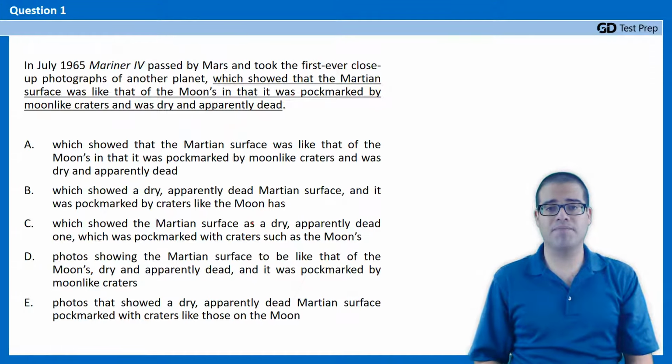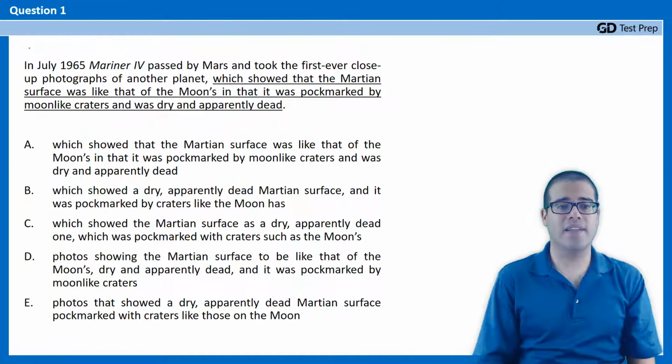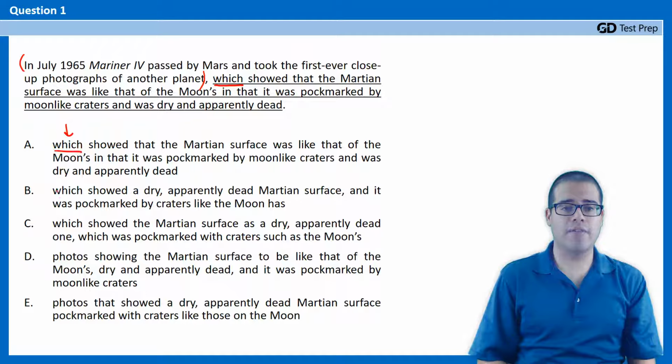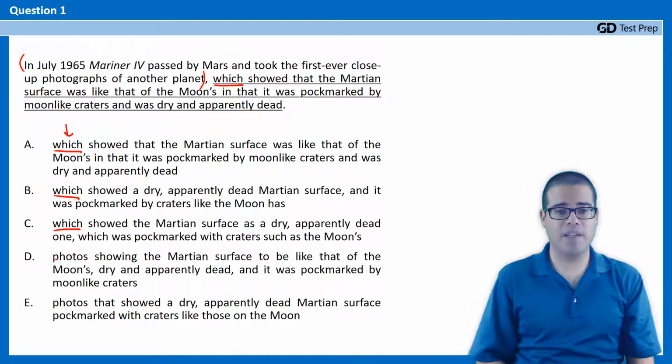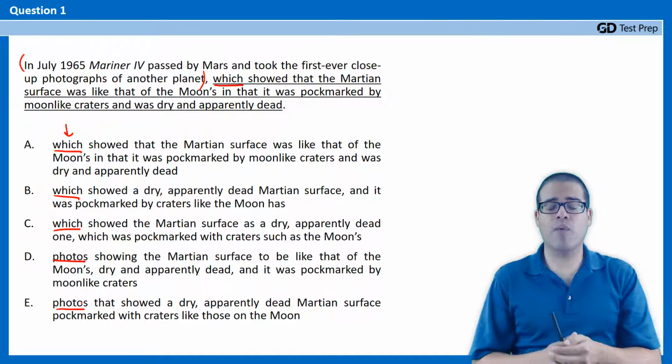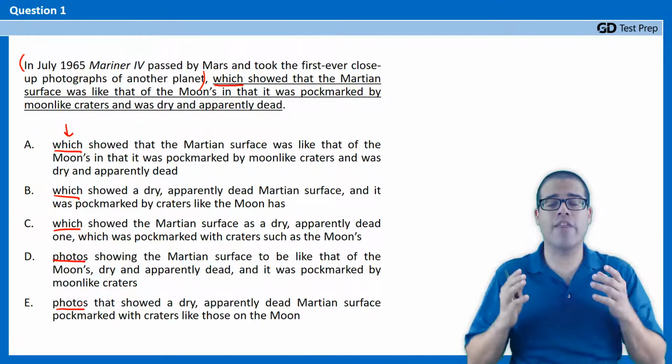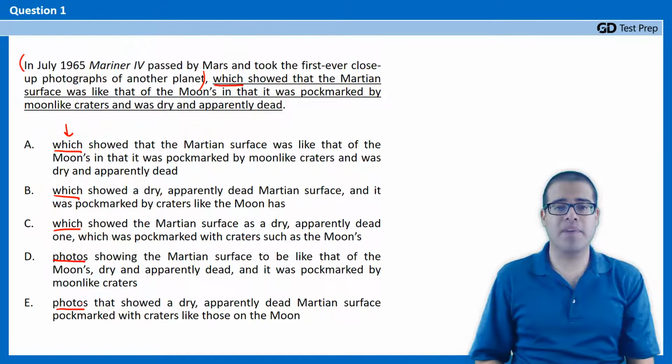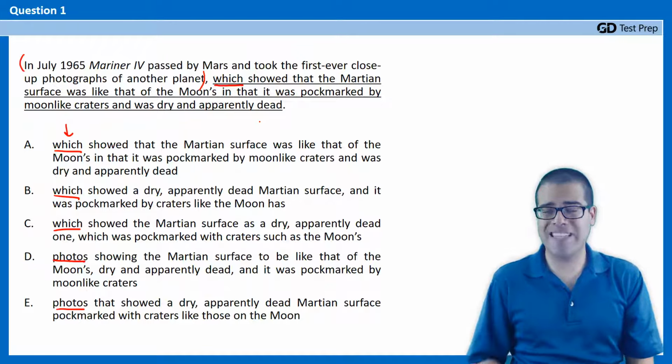For example, in question 1, you have the main clause at the beginning followed by which. And look at the split here. The first 3 options start with which, and the last 2 with a noun. Whenever you have a split between which and a noun, stick with the noun. Okay? Pick the noun. Why? Because which is usually ambiguous in these cases.